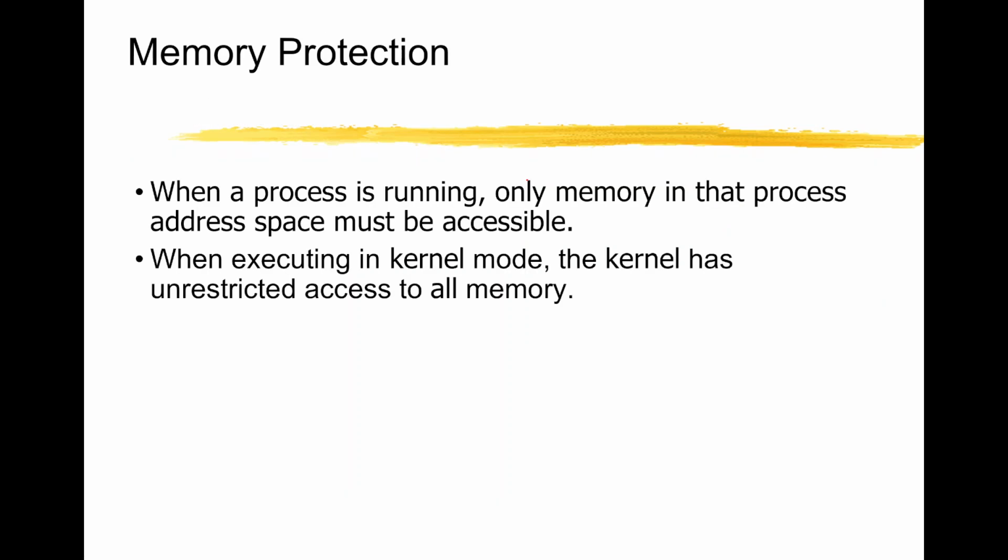Now let's discuss memory protection. When a process is running, only memory in that process address space must be accessible. That is one of the ways of protecting memory, to make sure that a process does not use more than its allocated memory location.